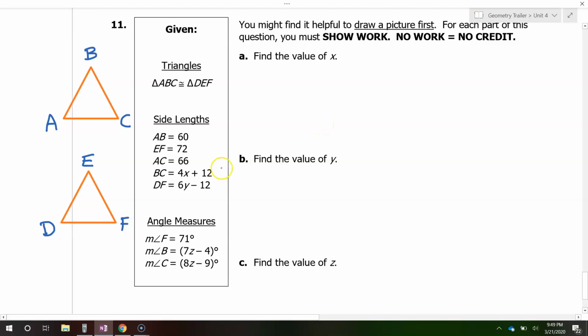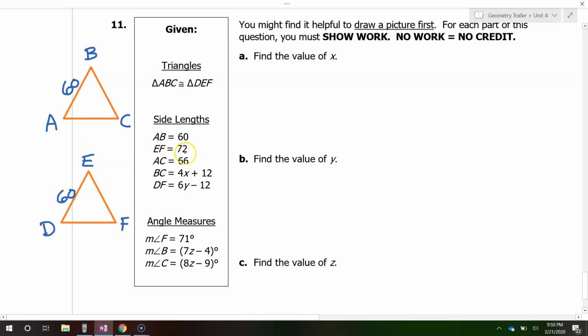All right. So they gave us some stuff. AB is 60. All right, so AB is 60. So I'm going to go ahead and put a 60 right there. Now, you know what? As I go, let's just fill in everything. So if AB is 60, that means DE is also 60, because these are congruent. Might as well knock it out.